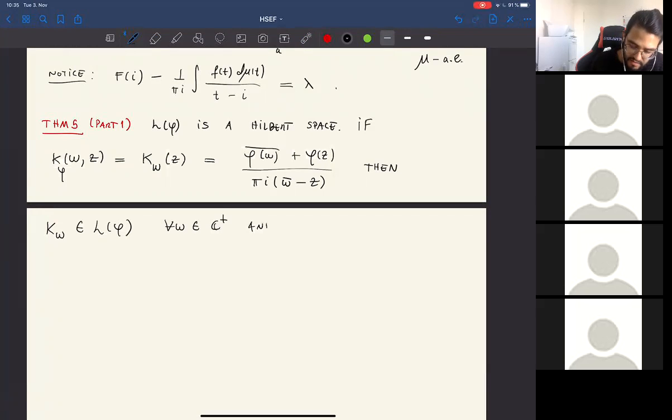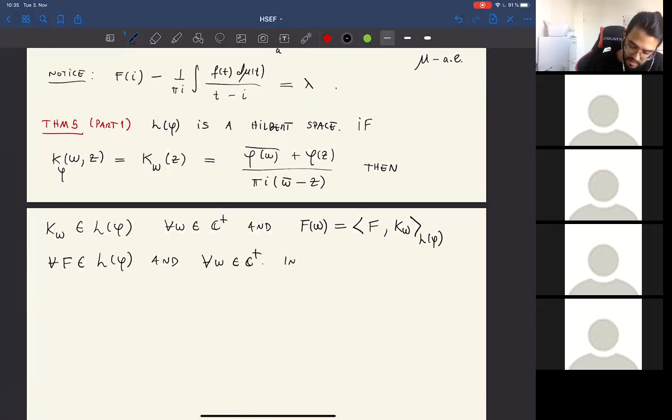And it acts as a reproducing kernel, and f(w) equals the inner product of f with k_w. And this is the inner product on the space L phi, for every f in L phi and for every w in the upper half plane.